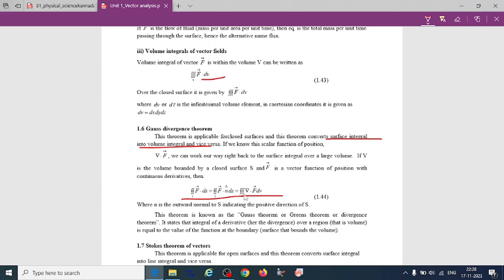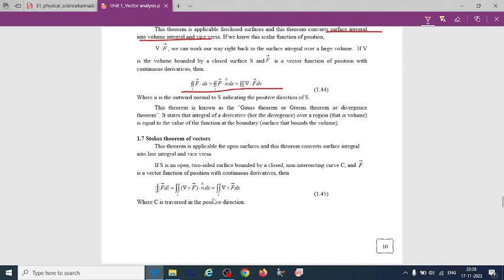A surface integral we can convert into a volume integral. That means we will have del dot F dv. Stokes theorem is helpful for converting a surface integral into a line integral.